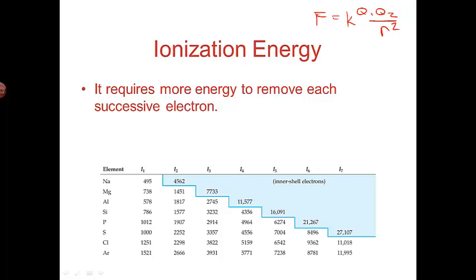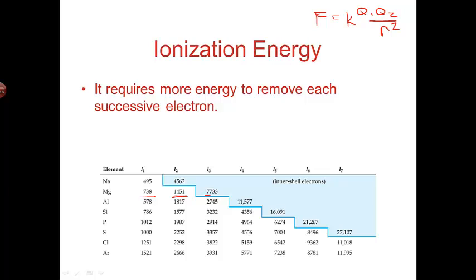One of the things that you'll notice if you look at these values, say we'll just look at magnesium here. In magnesium, it looks like pulling that second electron away takes about twice as much energy as it did to pull that first electron away. But then you see how we have a huge jump.